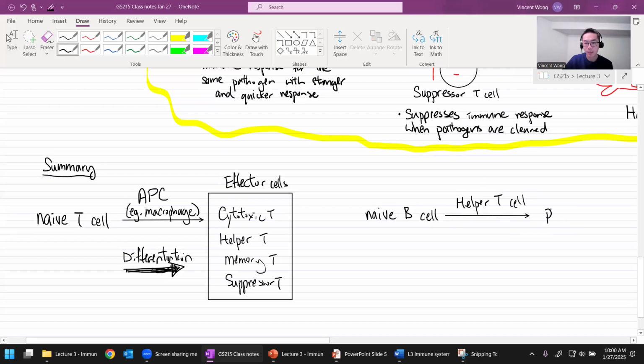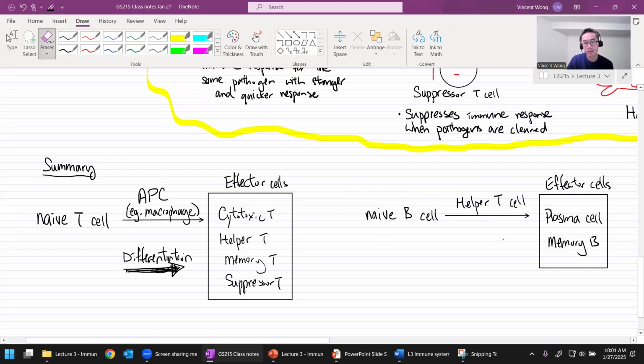And then it will become plasma cell, which are the antibody factories, or memory B cell. Okay, so these are effector cells as well, but for the naive B. Again, it's called differentiation.